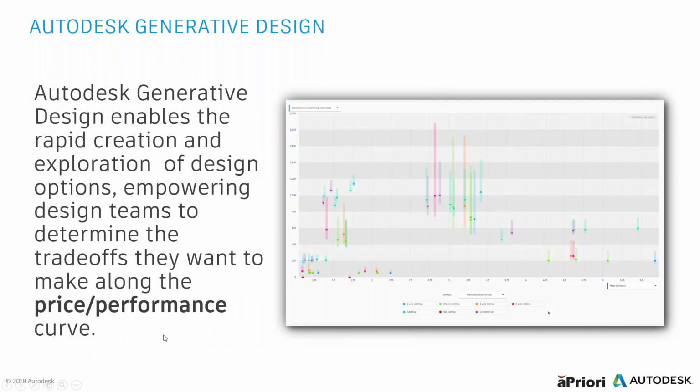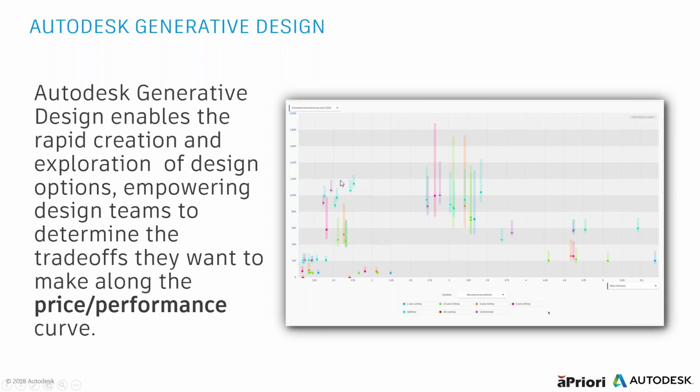So when we talk about outcomes, again, Autodesk Generative Design is going to enable the rapid creation and exploration of your design options so that you can determine what those trade-offs are along that price-performance curve. If we look at the image on the right-hand side, this graph is one of the outputs that you might see within generative design. You can certainly change what you want to plot here.